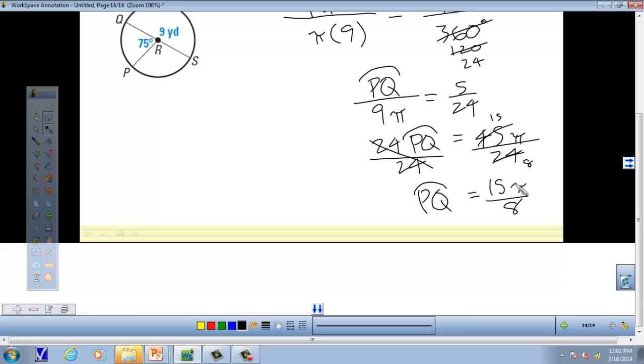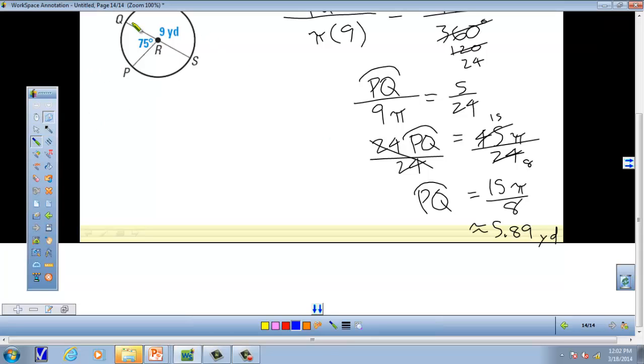If we do 15 times pi divided by 8, we should get 5.89 as our answer. Okay? And that's 5.89 yards, and that refers to this arc right here, the length of it. Not the measure, but the length, so the distance from here to here.